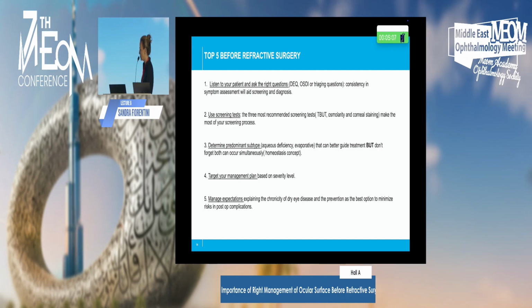We target our management plan based on severity level. And when the patient comes back, if there is still some degree of dry eyes that is significant in symptoms and signs, I normally contraindicate laser eye surgery. If not, we just manage expectations, explaining the chronicity of dry eyes and the risks accordingly.